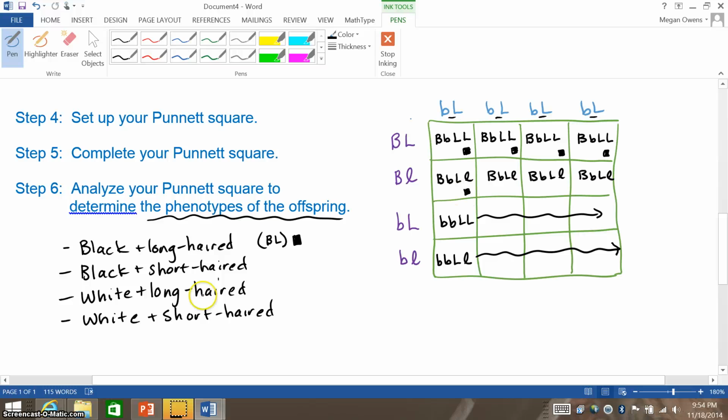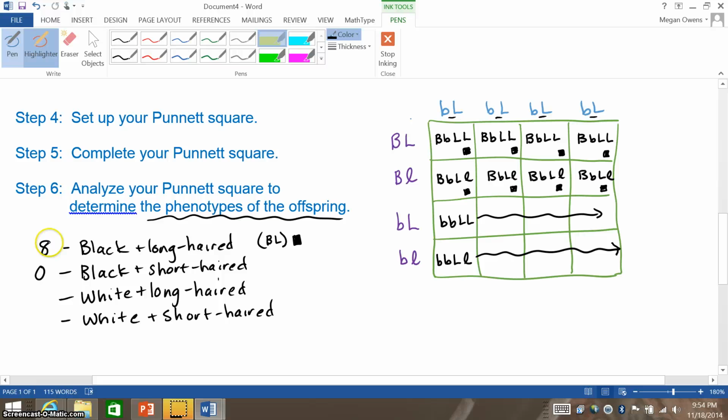This row as well would have the phenotype of being black and long-haired. Okay, so I know for black and long-haired I have 8. Black and short-haired does not seem to appear at all in this Punnett square, so I don't appear to have any black and short hair.